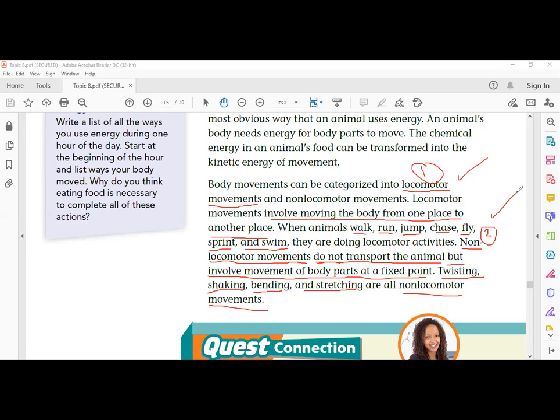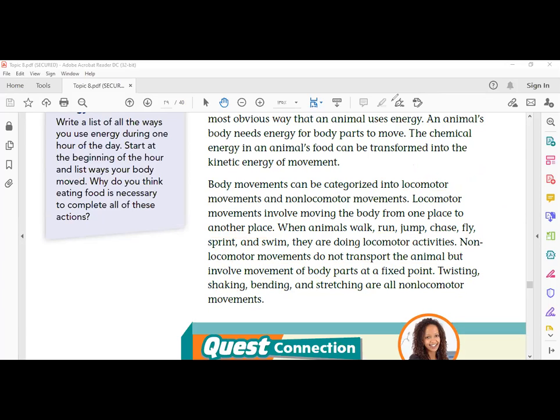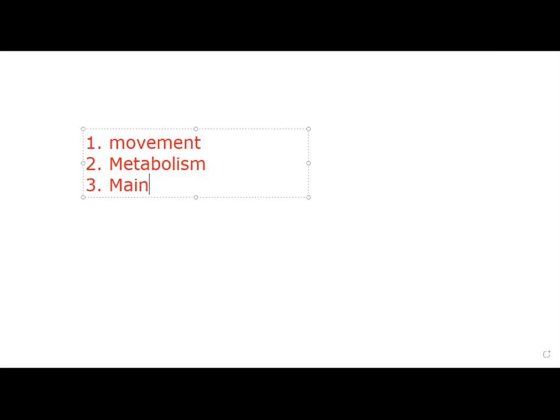I want to remind you that the title of this lesson 3 is how animals use energy. Animals use energy for movement, which is what this lesson talks about. Animals also use energy for metabolism, and to maintain body heat or body temperature.